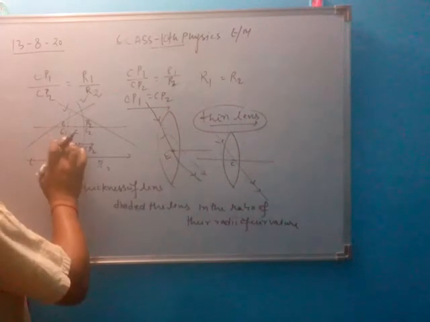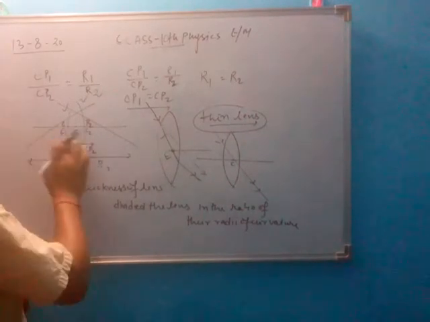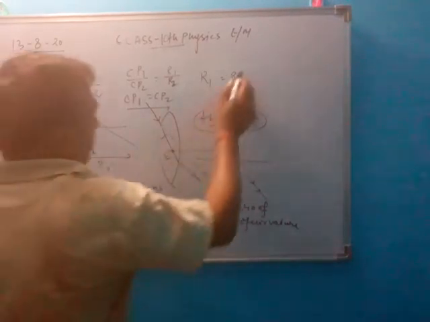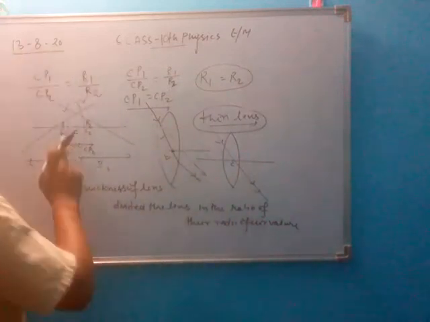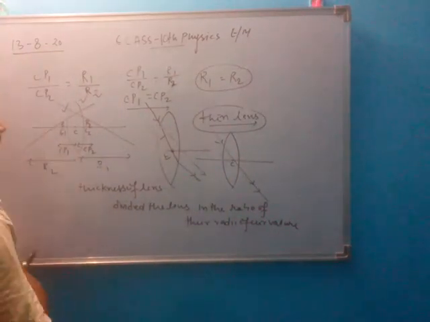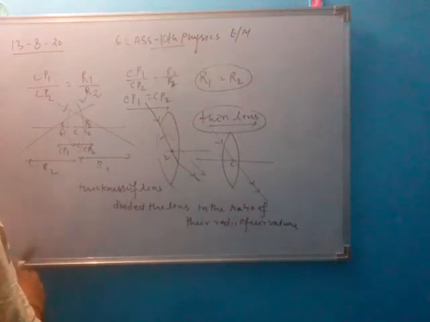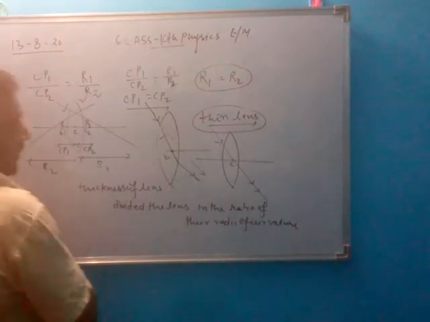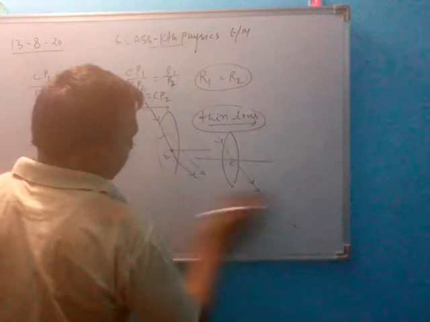That means the radii of curvature of both the curved surfaces are the same. In this condition, the optical center is situated at the middle of the lens. These are the phenomena related to the optical center of the lens.